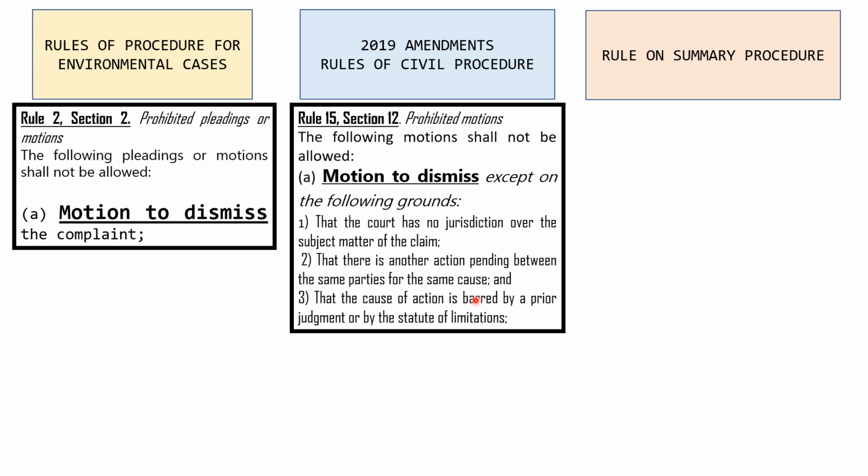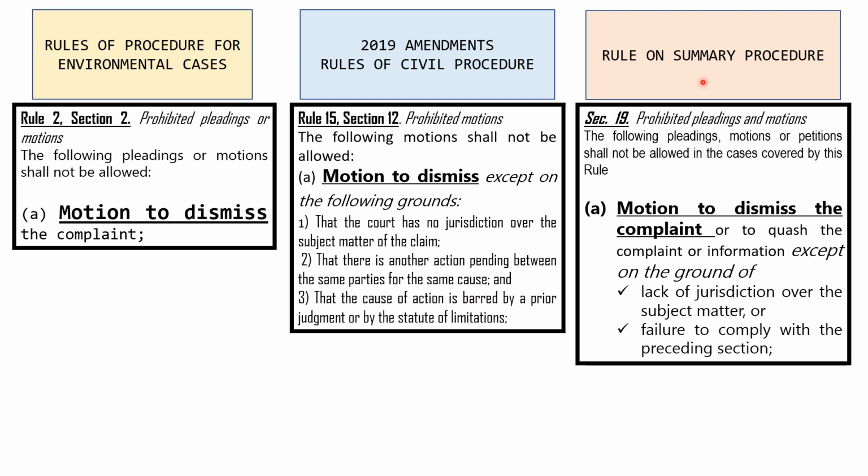And if we are going to compare it further to your rule on summary procedure, ang motion to dismiss is also not allowed except on the ground of lack of jurisdiction over the subject matter or the failure to comply with the barangay requirement. So going back to your environmental cases, sinabi natin lahat ng motion to dismiss, walang exception, not allowed.